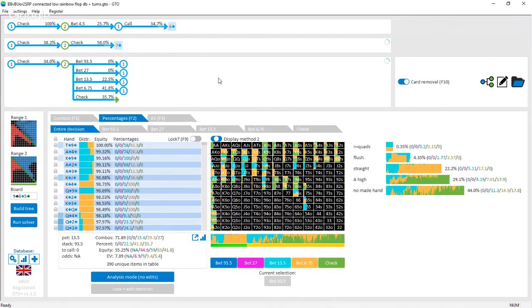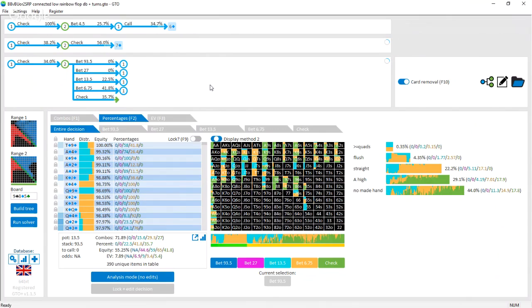So what did we go through? So we went through some single raise pots and some 3-bet pots. Right, we talked about some situations where the 50% rule does apply, and a few situations where it doesn't apply. So you can see that the spots where it doesn't apply are actually much rarer than the spots where the 50% rule does apply.